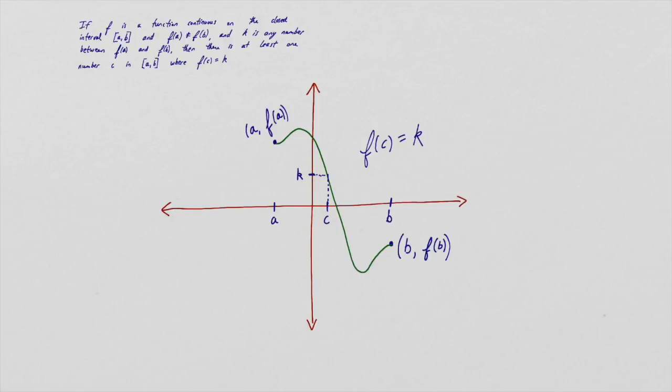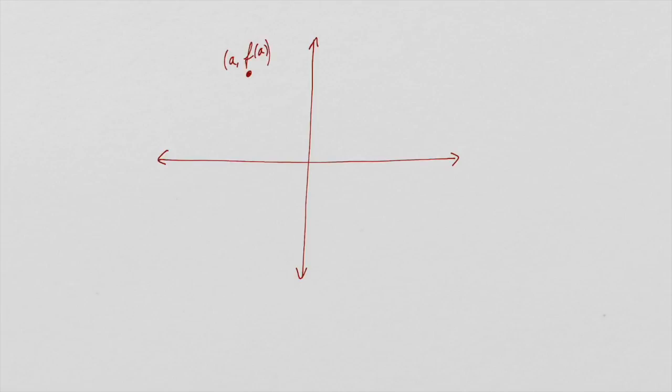Now, let's think about this a different way. We have our graph and we have two points here. Call this a, f of a, and anywhere that the y value is not the same as that one, we can take this one here, b, and f of b.